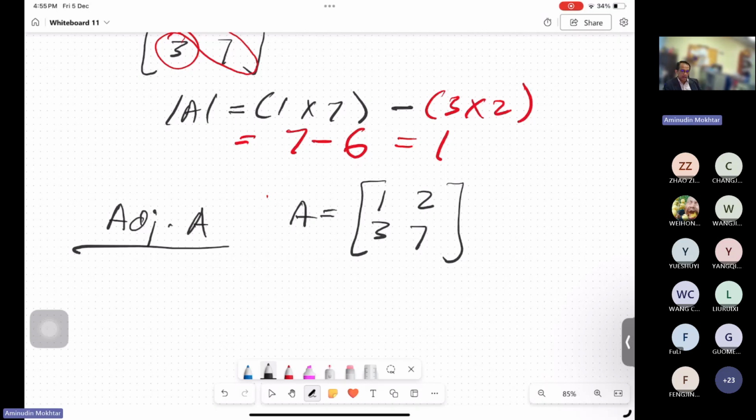Okay, the adjoint of A is quite important. The first step again, we need to identify what is the main diagonal.